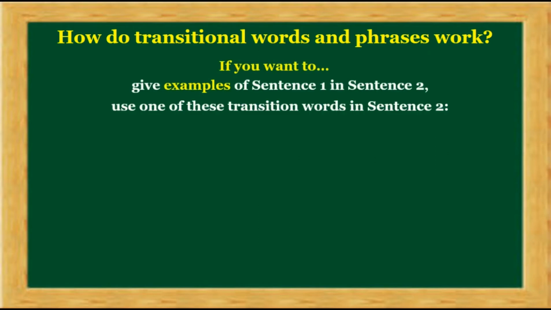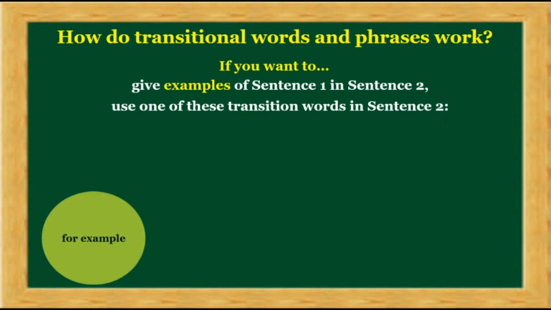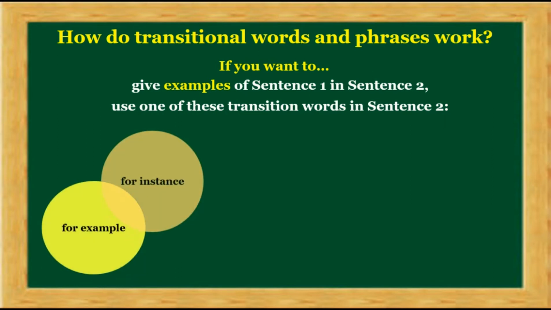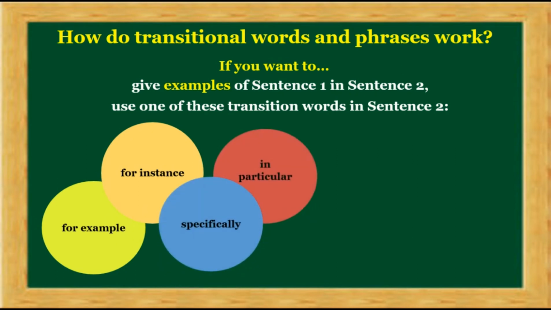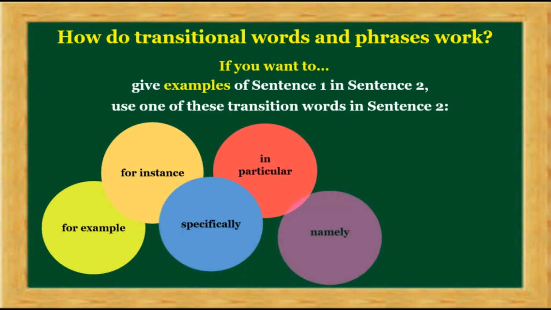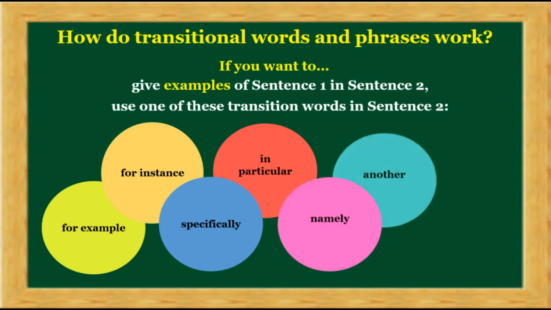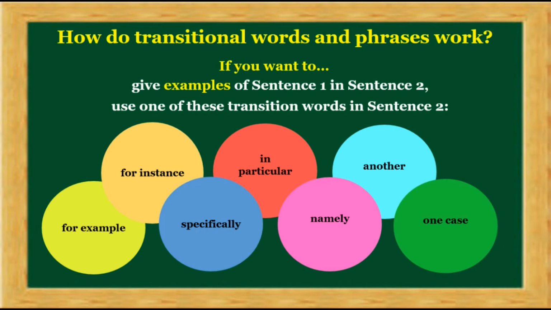If you want to give examples of sentence 1 in sentence 2, use one of the following transition words in sentence 2: for example, for instance, specifically, in particular, namely, another, or one case.